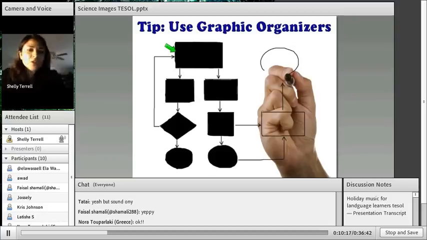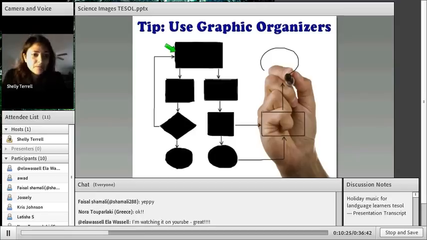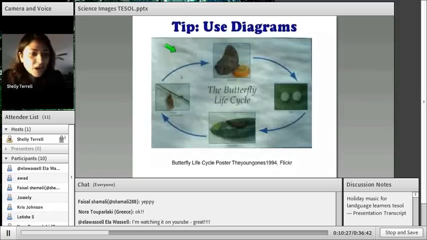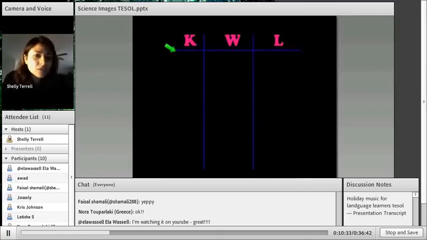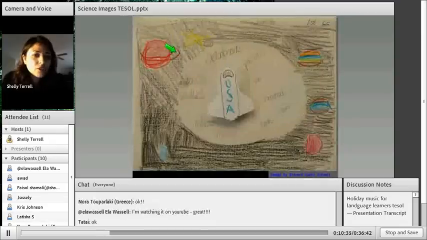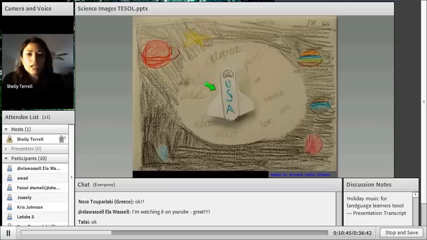Okay, so one of the tips before I show you some ideas and activities of what you can do is, first of all, use graphic organizers. They're very good. They're cognitive maps. There's different kinds of graphic organizers you can use. Basically, a graphic organizer is anything where students can do this on an interactive whiteboard quite effectively, or I'll give you a Pinterest link that I did right now.